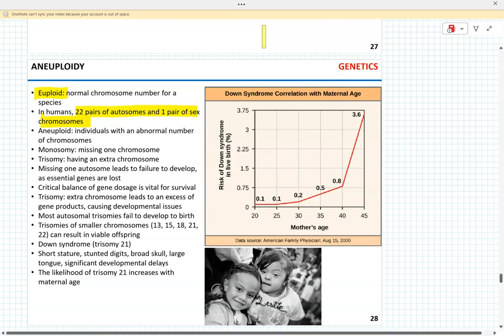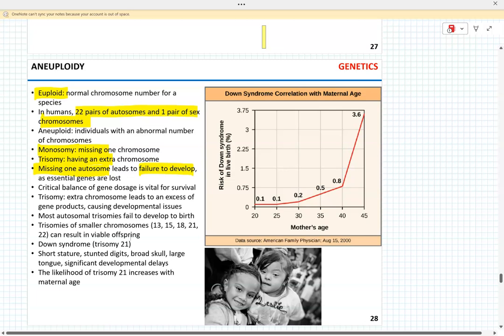Some categories of aneuploidy include monosomy, when one chromosome is missing, or trisomy, having an extra chromosome. Usually, when an organism misses one autosome, this results in the failure to develop, essentially death, because some essential genes are lost.